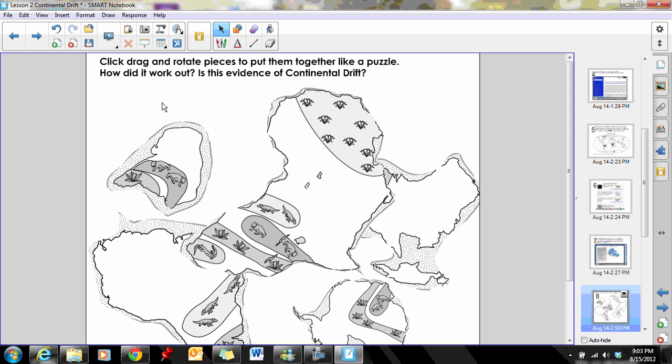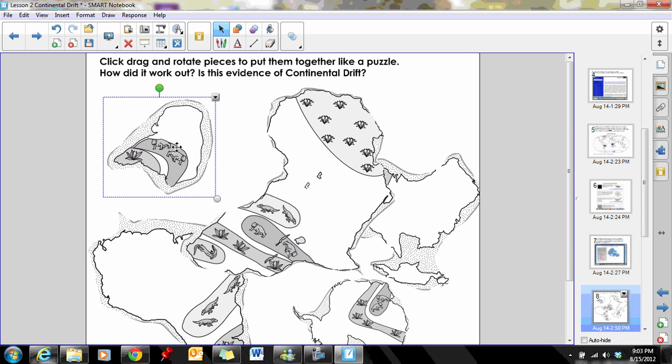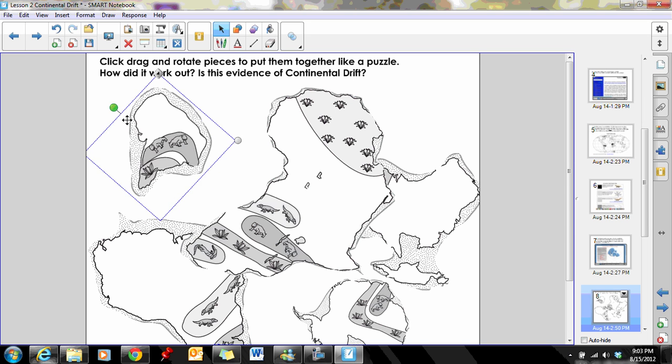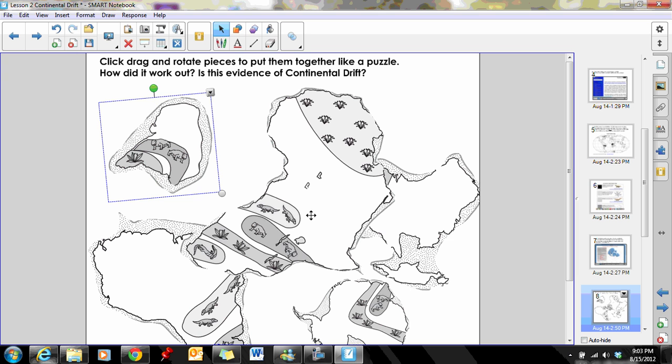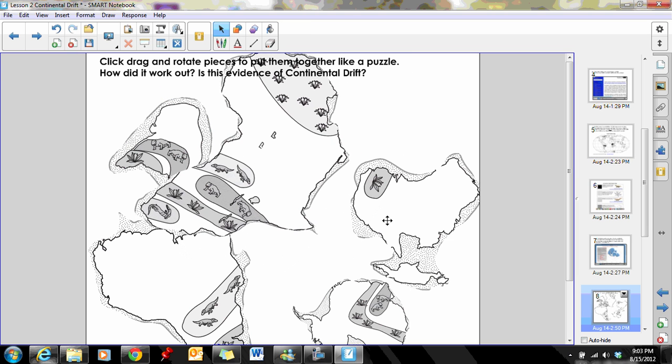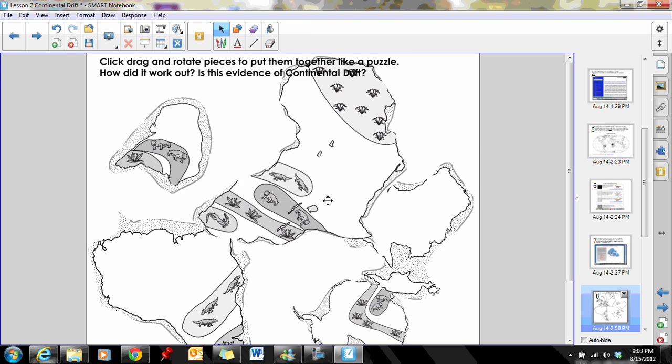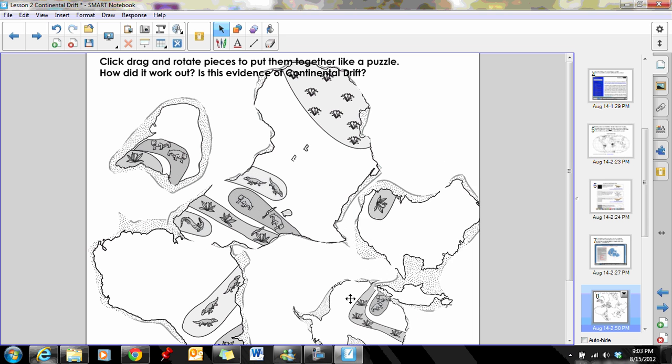You want to just move them around, and if you're not sure how to rotate, if you click on it, it gives you a little green circle, and you can turn it any which way you want. Basically these are the continents, and you're going to see for yourself if they fit together like a puzzle.